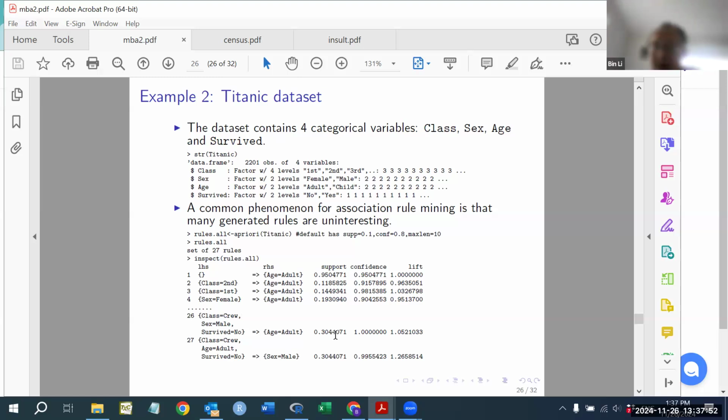If you don't set the conditions wisely, you will have many rules coming out. This is a small data set. If you have thousands of items and millions of baskets, you will have many rules which are useless.